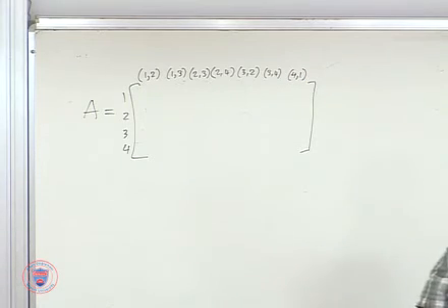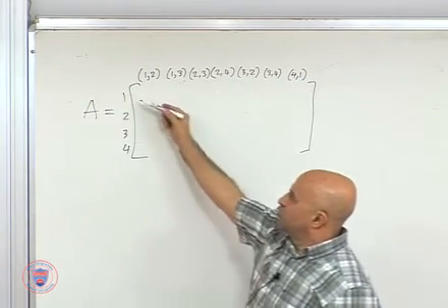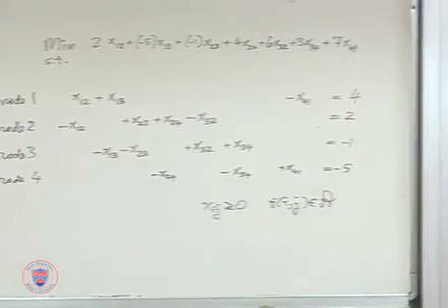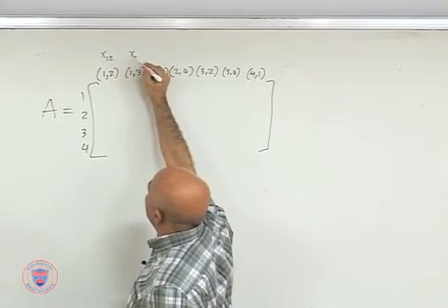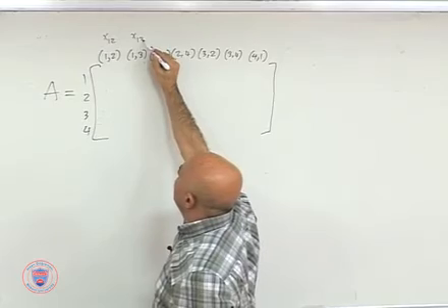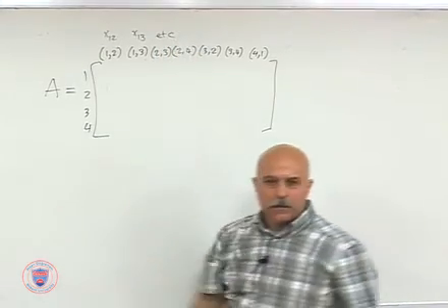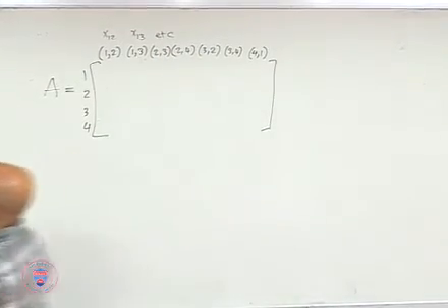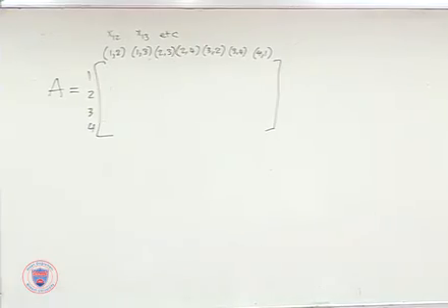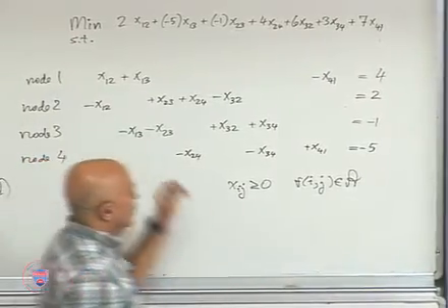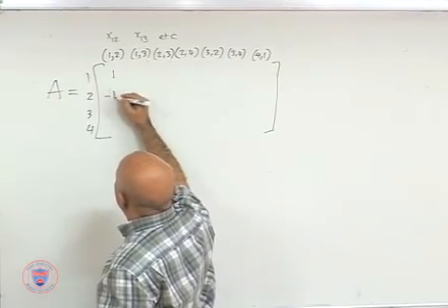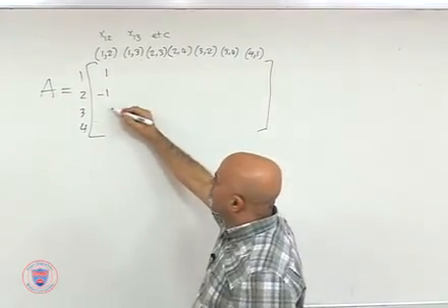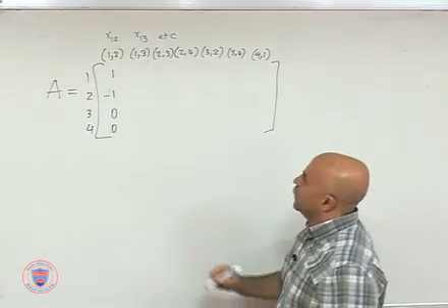So I'm defining a matrix A here whose rows correspond to the nodes and whose columns correspond to the arcs. The first one is associated with the variable x12, then x13, etc. And that's simply the matrix of left-hand side coefficients here. You can see that the first column has a 1 here, -1 here, zeros for nodes 3 and 4.